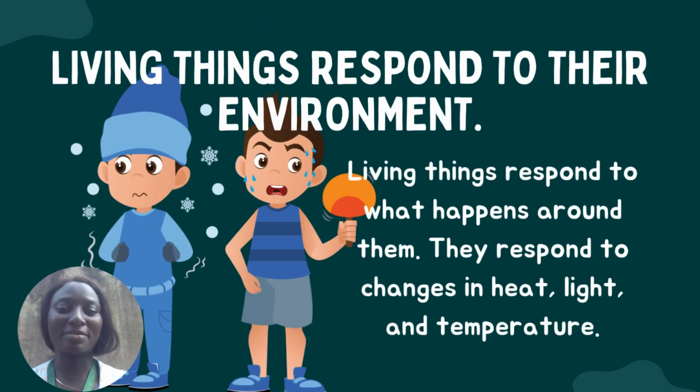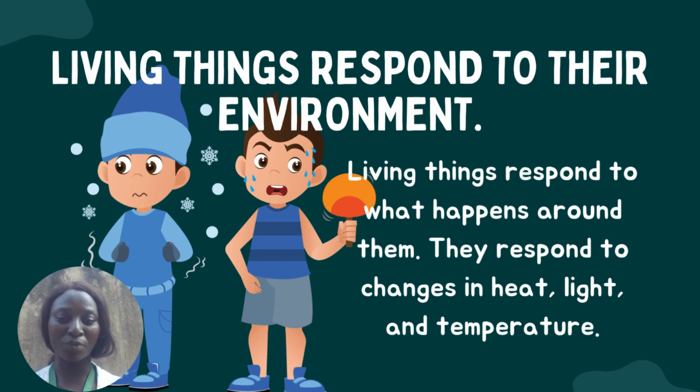Another characteristic of living things is that living things respond to the environment, that is irritability. This is the ability of living things to respond to changes in their environment. Living things respond to what happens around them.